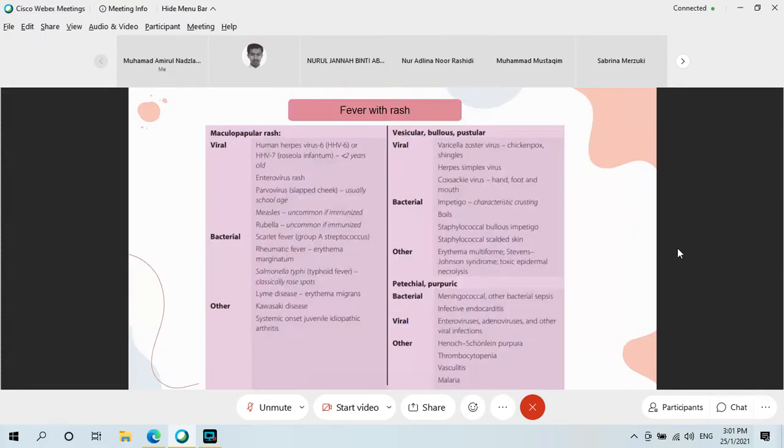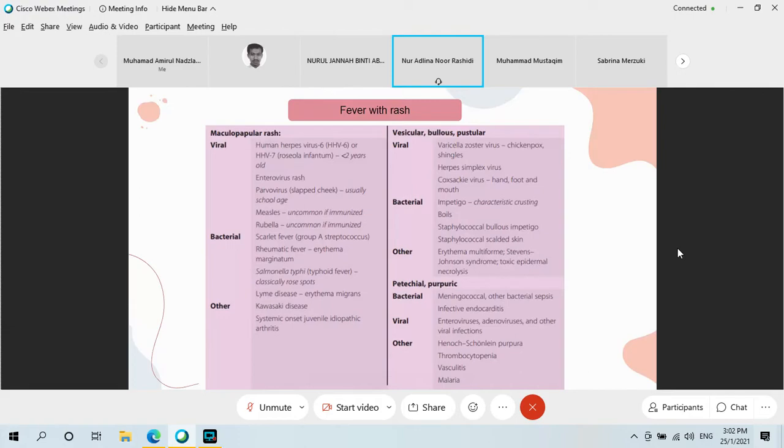We can also have a differential if the child came with a rash with the fever. For example, if it presented with a maculopapular rash, we can think of human herpes virus, enterovirus, measles and rubella. For bacteria, it will be scarlet fever, rheumatic fever and Lyme disease, and also others like Kawasaki and juvenile idiopathic arthritis.